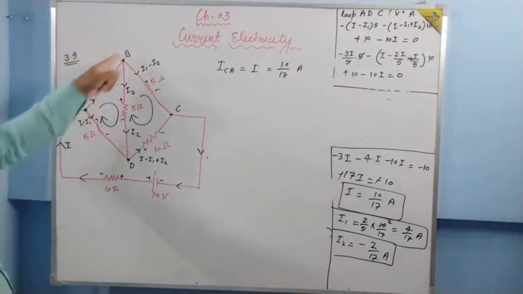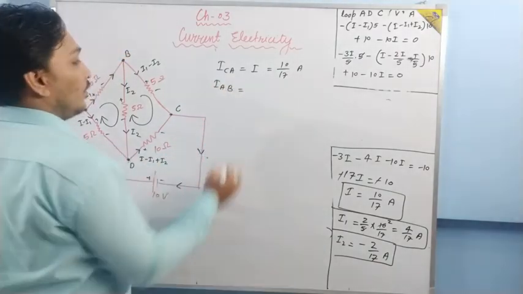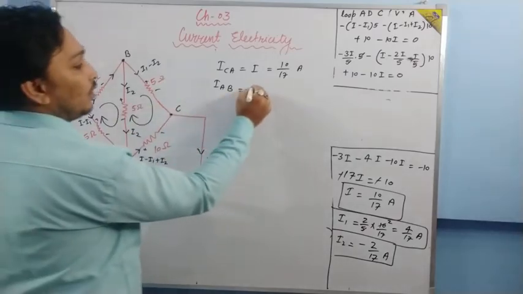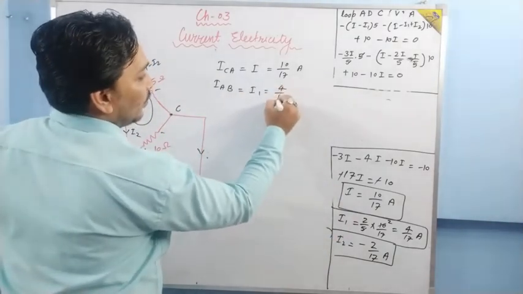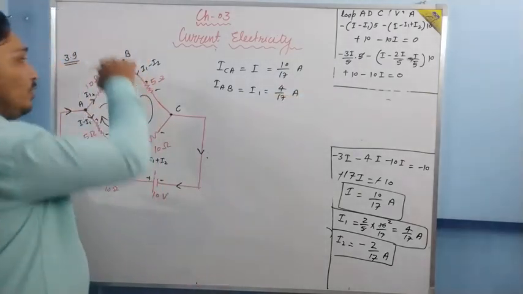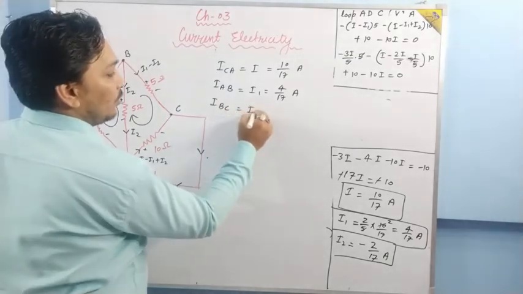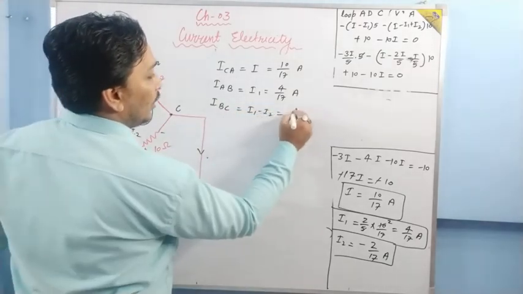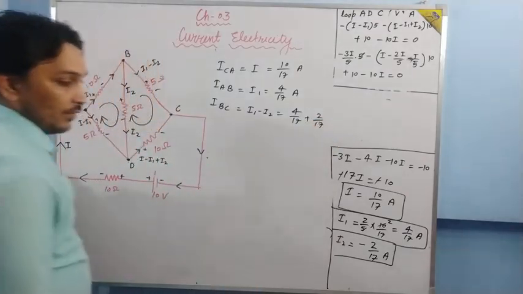Now the current which is flowing through AB, IAB, we have assumed to be I1, and the value of I1 is 4 upon 17 ampere. Now the current B to C, IBC, we have assumed to be I1 minus I2. It will become 4 upon 17, minus and minus will become plus 2 upon 17.